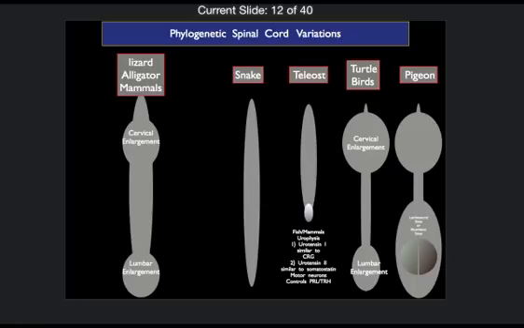Well, let's take a look at some of the aspects of phylogenetic spinal cord variations. If you take lizard, alligator, and mammals, it's characteristic that there is a cervical and lumbar enlargement. They're all tetrapods. When you get to a non-tetrapod, where it stands on the phylogenetic tree doesn't always agree, so it's a variation depending on the development of the extremities.